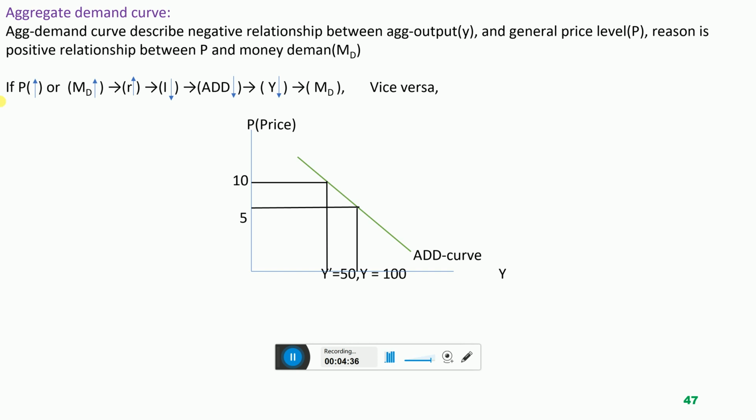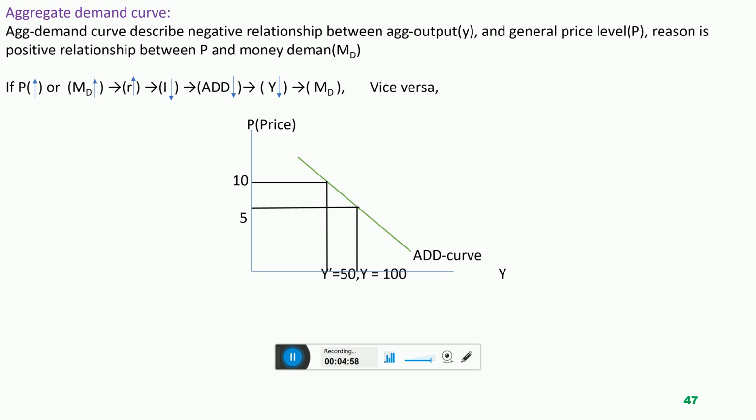So when the general price level increases, P upward arrow, things get expensive. Inflation in the country increases.